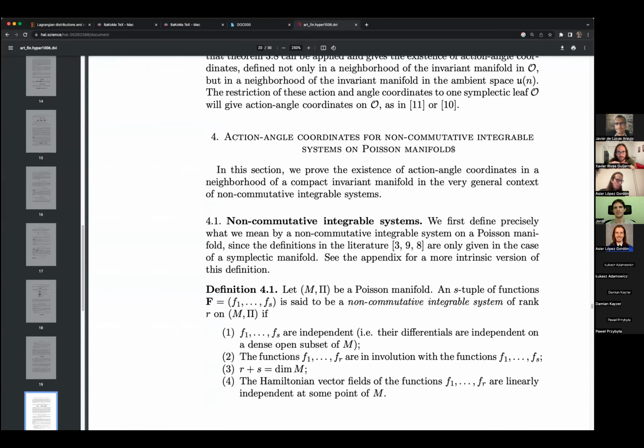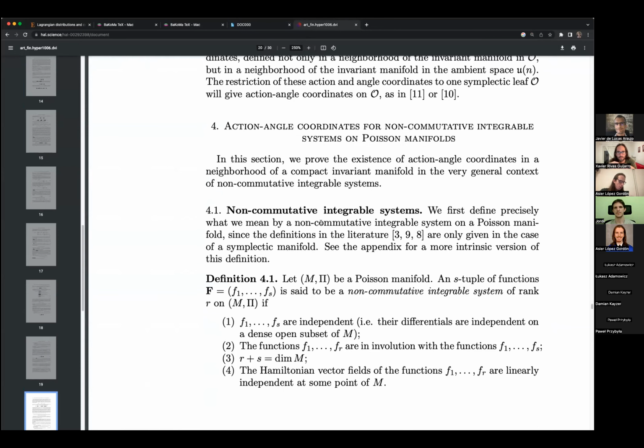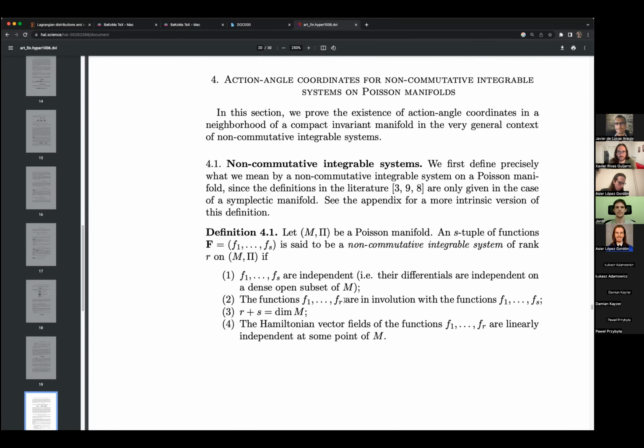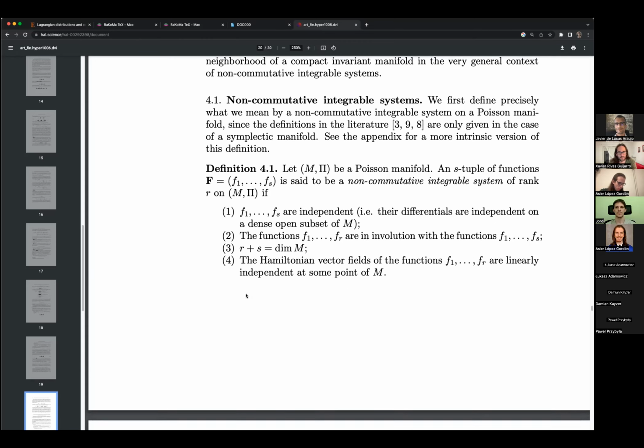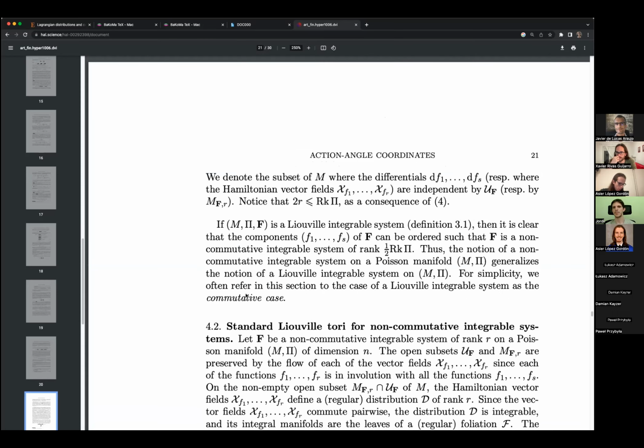A Poisson manifold is a generalization of a symplectic one, but you see, the functions are independent. Several functions are in involution, f1 to fs, and the sum of the dimensions is that of the manifold. So they are linearly independent.